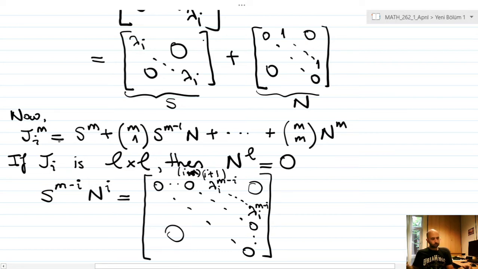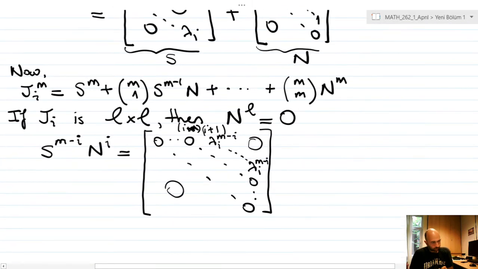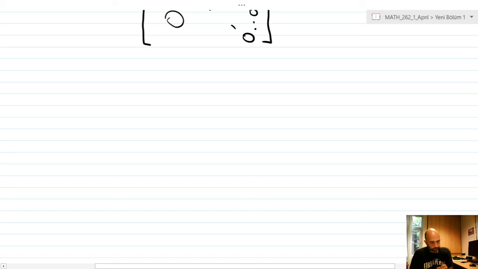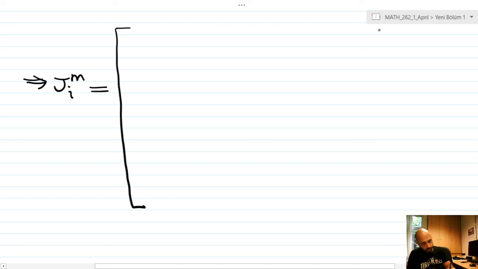Now, if you collect all of these things together by using the binomial formula, then you have a clear formula for J_i to the power M. Let me write this in a large matrix so that we can see everything.